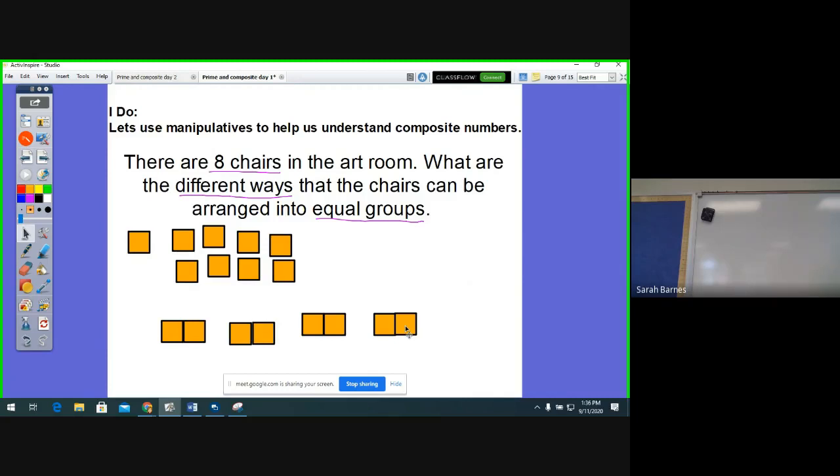And that works too. That's a different way. So here is one way, and here is another way. So I showed 8 chairs. We used 2 different ways, and we arranged them into equal groups.